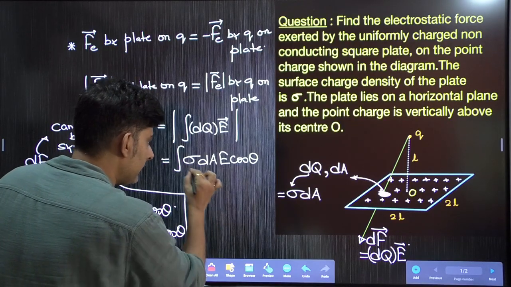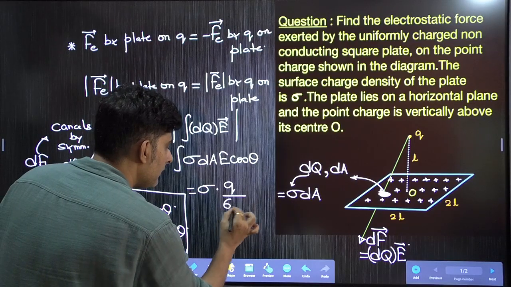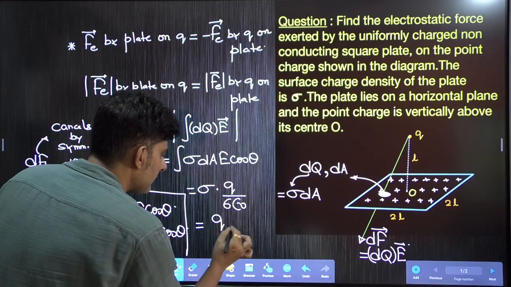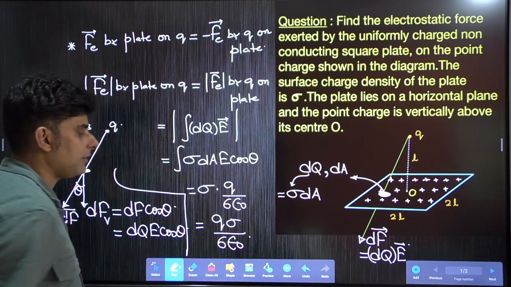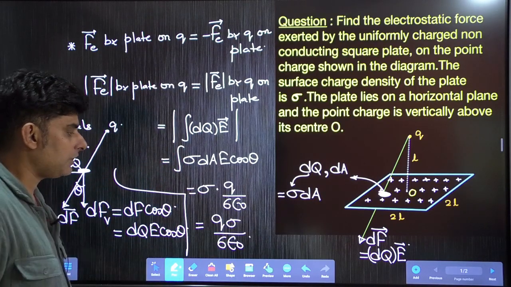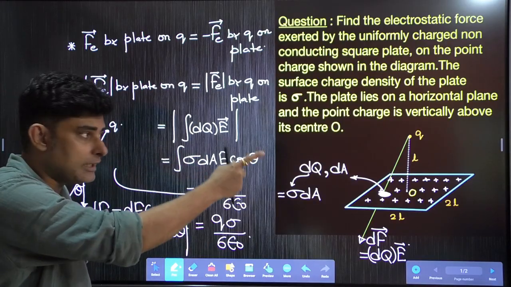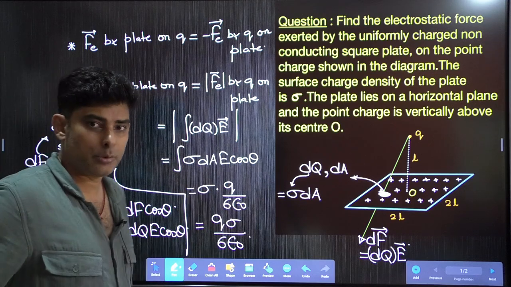Once sigma comes outside, the integration of E dA cos theta directly becomes Q by 6 epsilon naught. So our required answer is Q sigma by 6 epsilon naught. This is going to be the force exerted by the plate on the charge, or the charge on the plate. I hope this is clear to all of you.